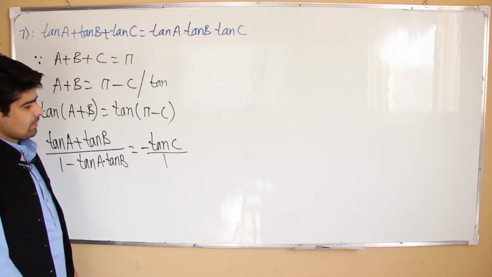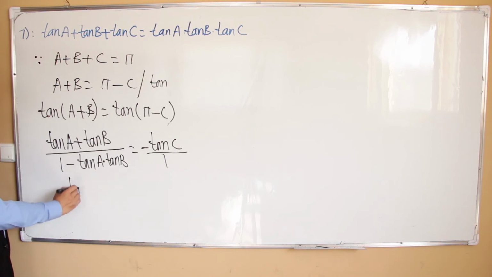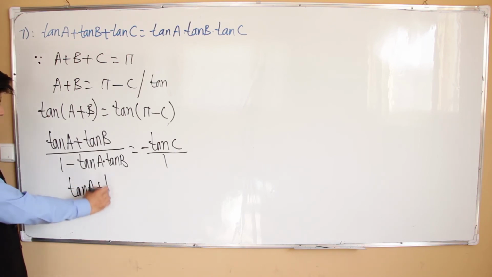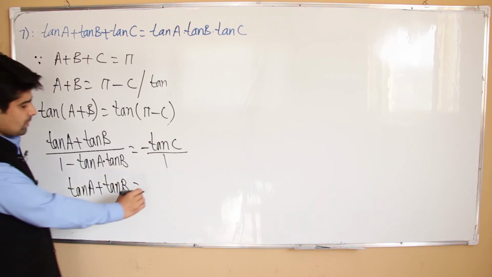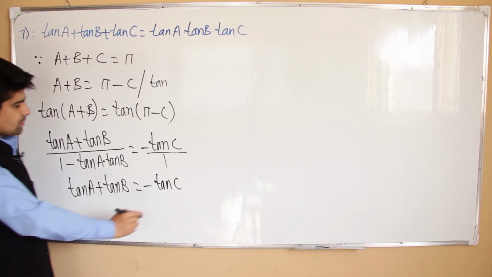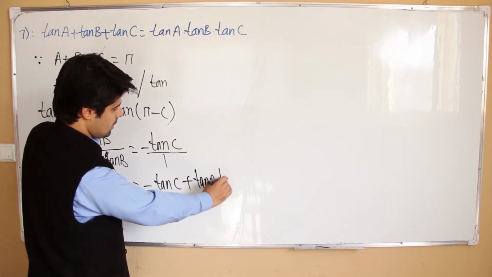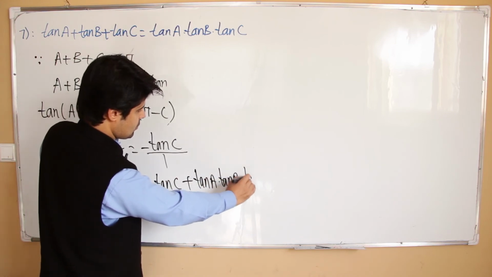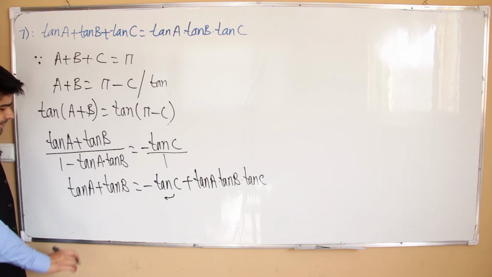Now, here I want to have cross multiplication on both sides. So 1 times this one, it is tangent A plus tangent B. Now this one is multiplied with this one, minus tangent C, minus with this minus is plus tangent A times tangent B times tangent C. Now I will put this one in the left side.